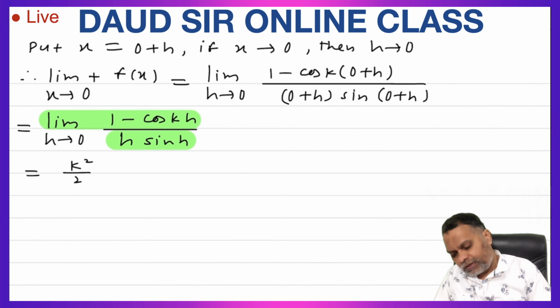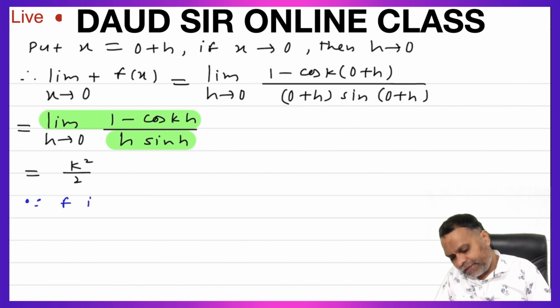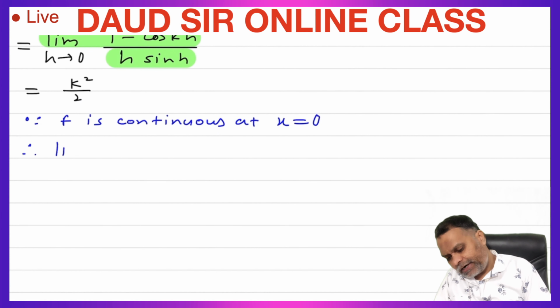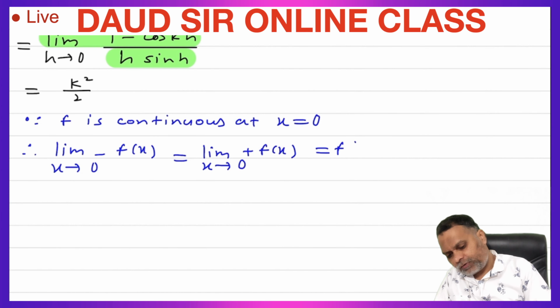So since f is continuous at x is equal to 0, therefore left hand limit is equal to right hand limit is equal to f of 0.